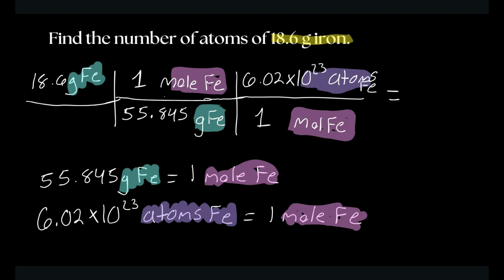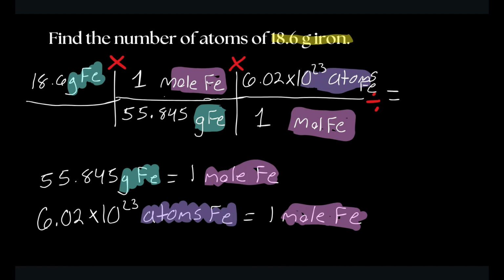We are going to multiply the top. So we want to multiply everything on the top first, get the answer, and then divide it by the bottom. And so whenever we do that, what we are going to get is 18.6 times the 6.02 times 10 to the 23rd divided by the 55.845.